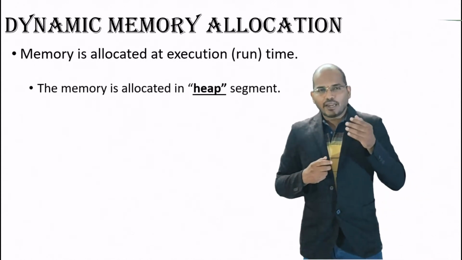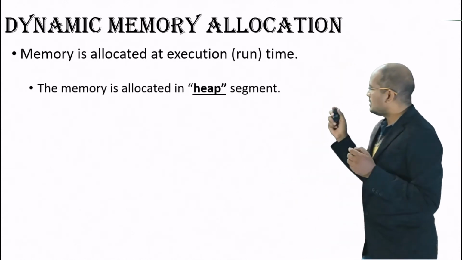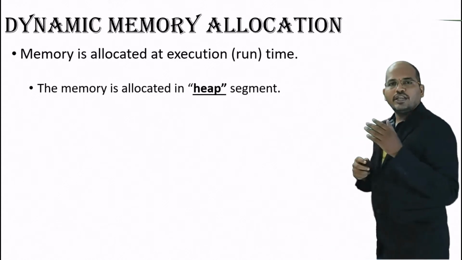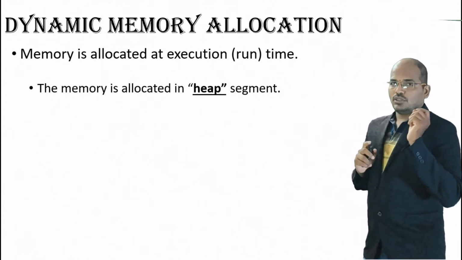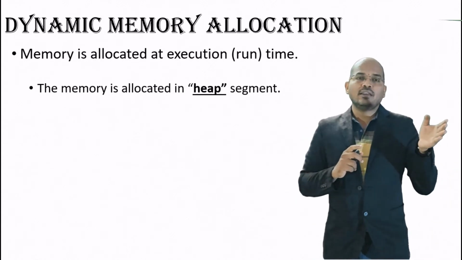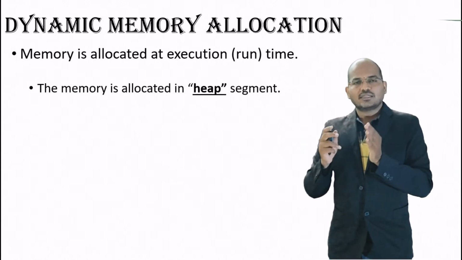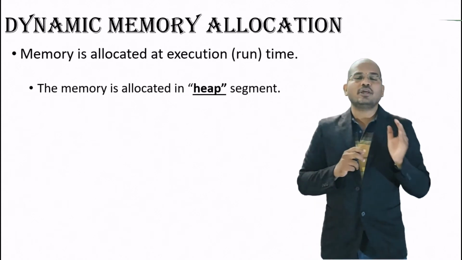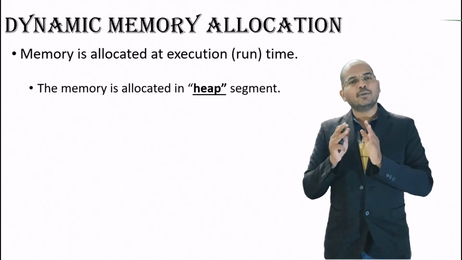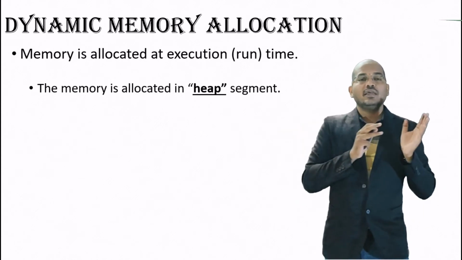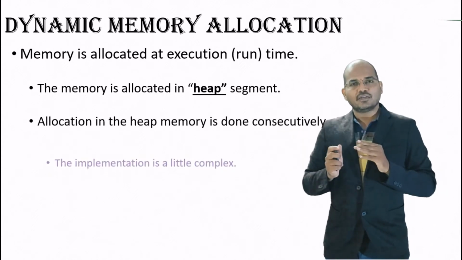And keep in mind, dynamic memory allocation will allocate memory to the elements in the heap segment. So, the memory allocated dynamically is assigned in heap, whereas the memory allocated at compile time is assigned in stack. So, stack segment for static allocation, heap segment for dynamic allocation.